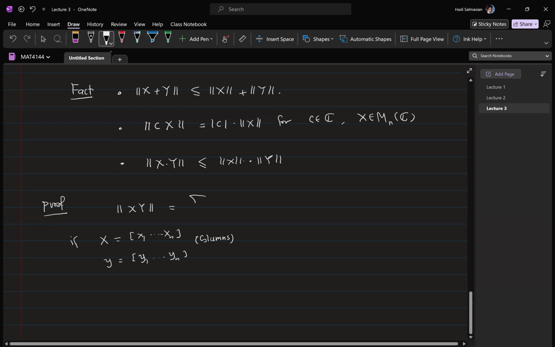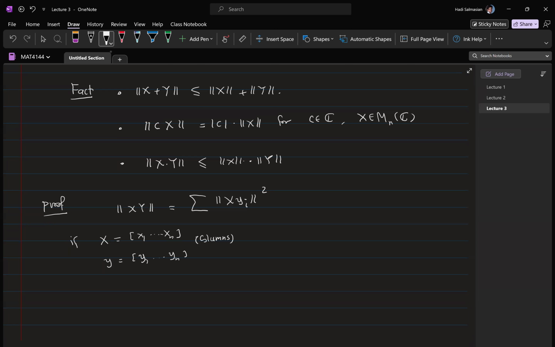this is equal to, well, first you have to take the sum of the squares of the entries of the whole matrix XY, but you could do this with each column of the matrix XY. But the columns of XY are X times y1 up to X times yn. So this is now the usual Euclidean norm of X y_i squared. And now we can expand with respect to the rows.